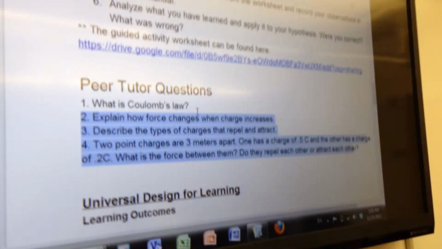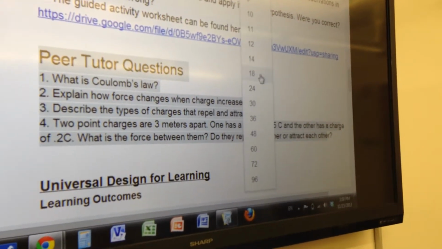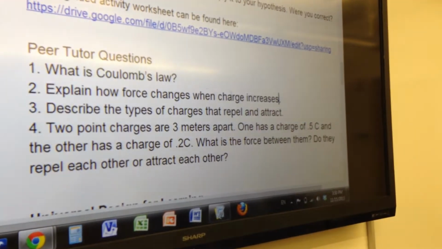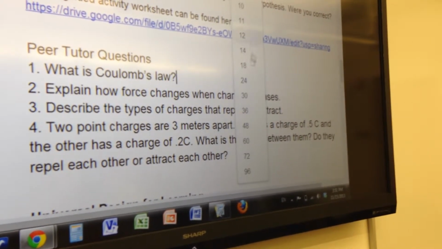You have already answered that question, but we'll make you answer it again. On the test, is that the equation of Coulomb's law, or just the concept of what happens? Both. Yep.